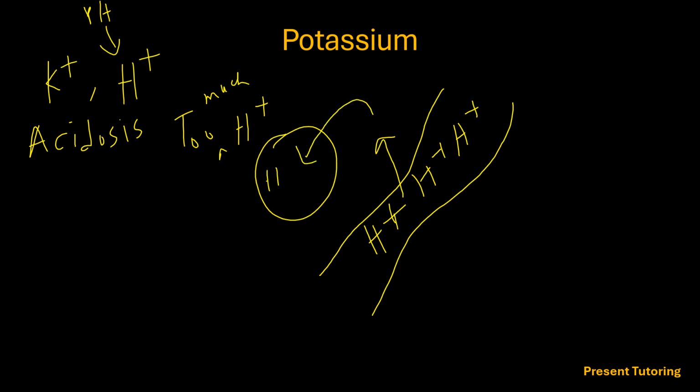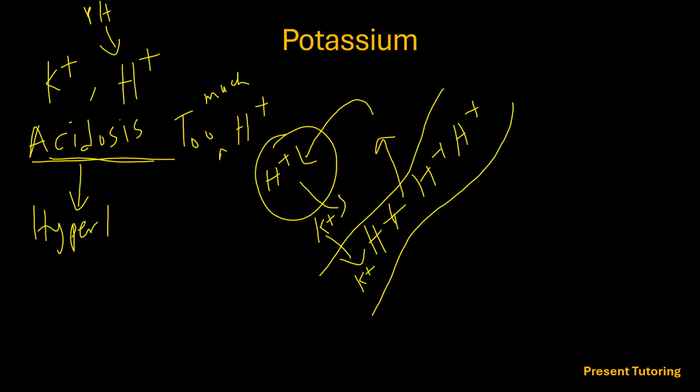So the H plus will enter into the surrounding cells. But this H plus tends to push out potassium. So K plus will then come out of the cell, and it will travel down its concentration gradient into the blood. So what that usually means is that acidosis in the blood eventually can lead to hyperkalemia, which is excess potassium in the blood.